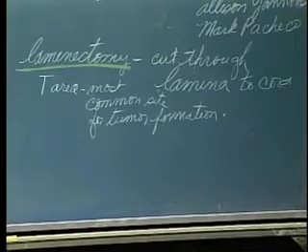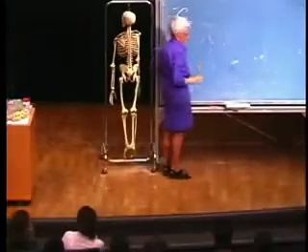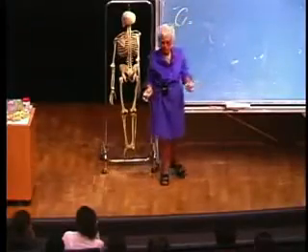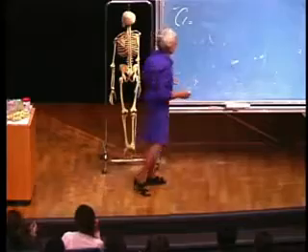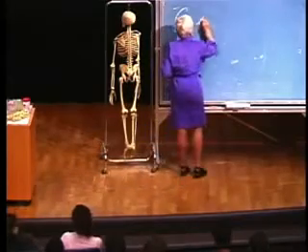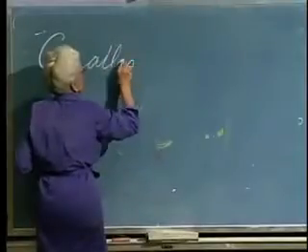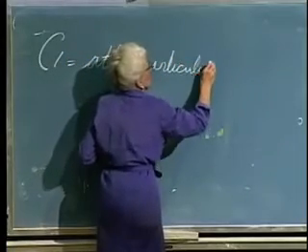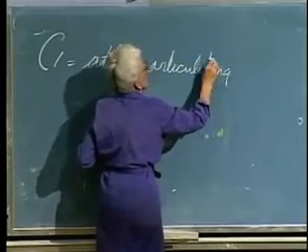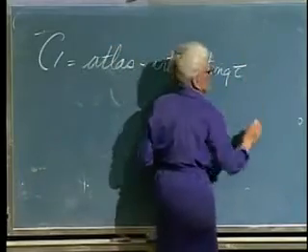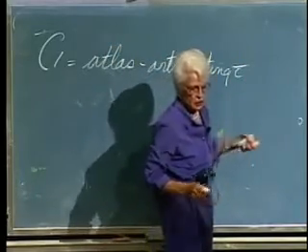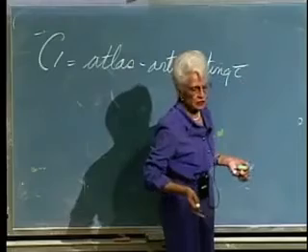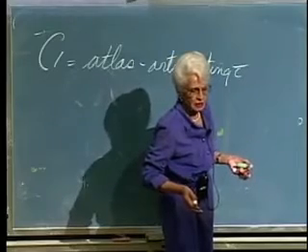Let's just take C1. Does anybody know what it's called? The atlas, sure. This is the atlas holding up the skull. We've said that before. So it's going to be articulating with what skull bone? What's the part of the skull just immediately superior to the atlas?